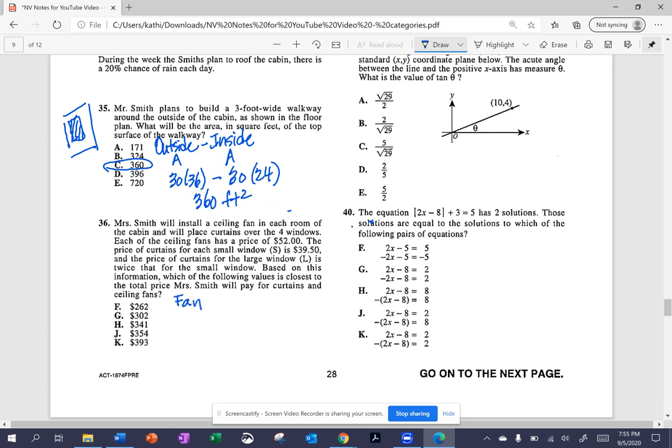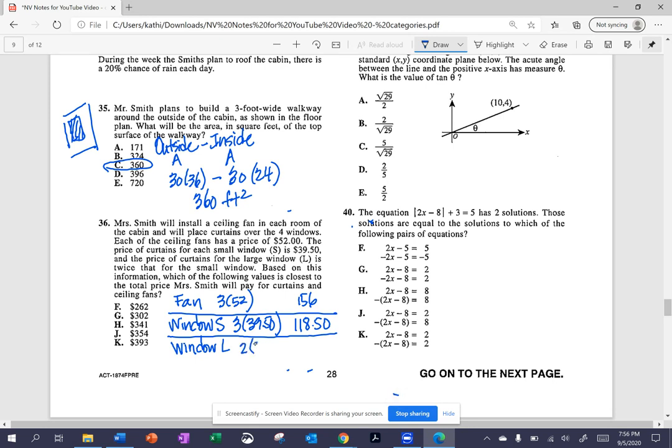Okay, so the fans are 3 times 52, which is 156. So my window that's small is going to be, she has 3 of those, and that's 3 times $39.50. So this is $118.50. And my window that's large is twice as much.